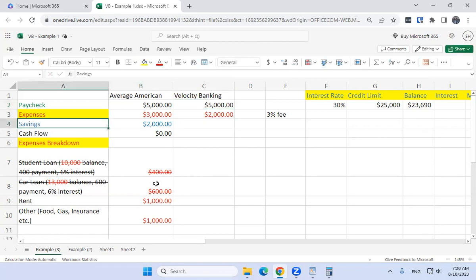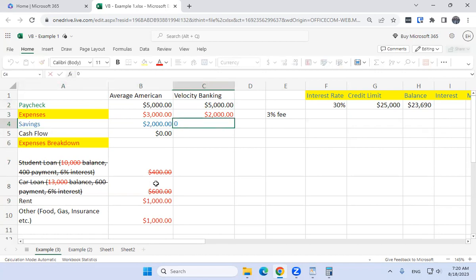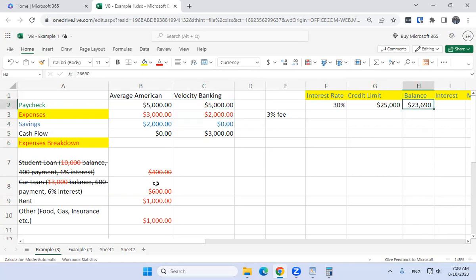Now, here's what we're going to do a little bit different. Instead of having savings, because savings is just idle money, we're going to use our cash flow, which is $3,000, so 5,000 minus 2,000, to pay off the balance of the credit card.